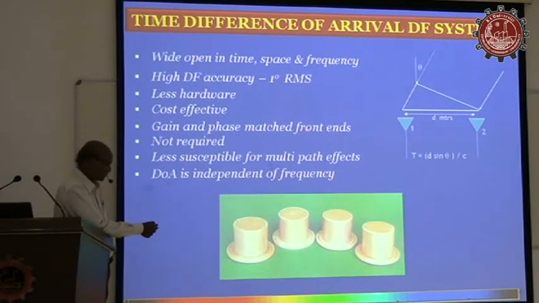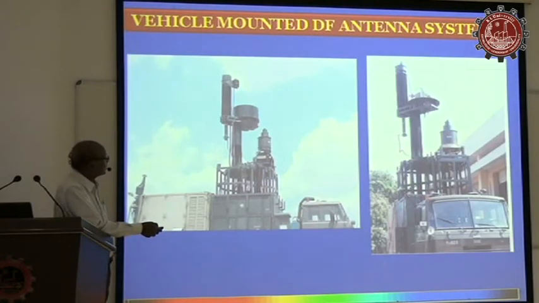This technique we have implemented on airborne platforms, where another important thing is that the required baseline between the 2 antennas should be very large. The accuracy depends directly on the distance between the two elements. These are the practically developed systems which are on the platform.